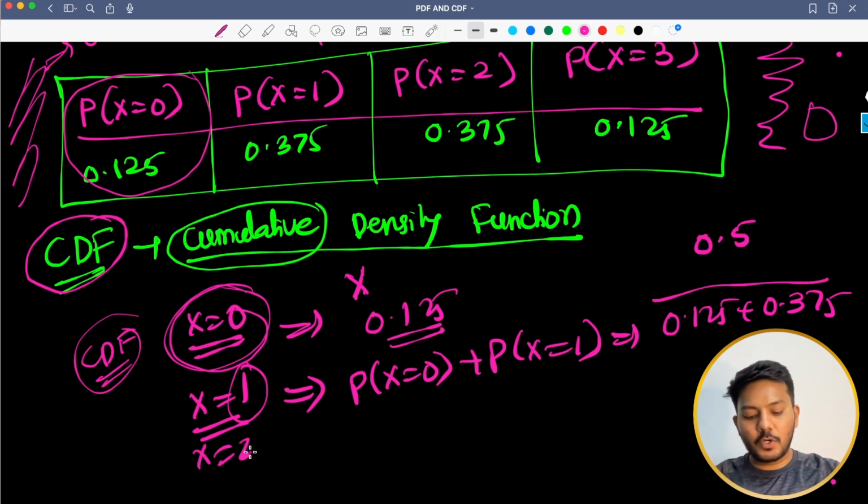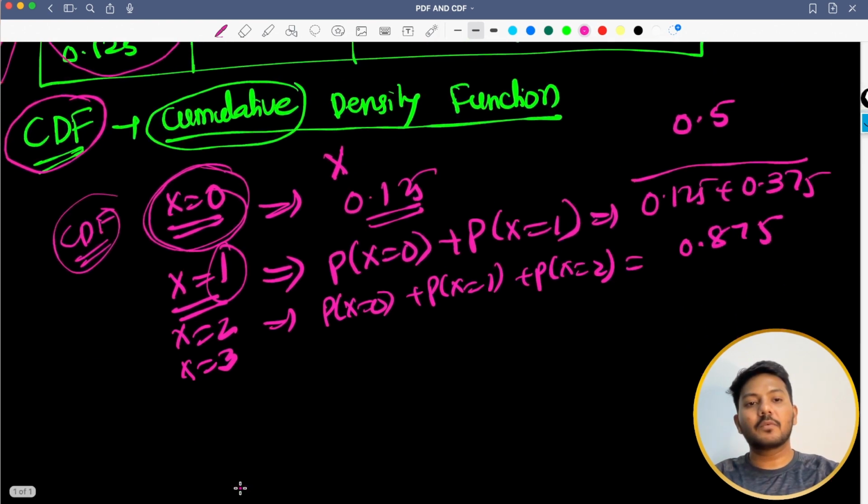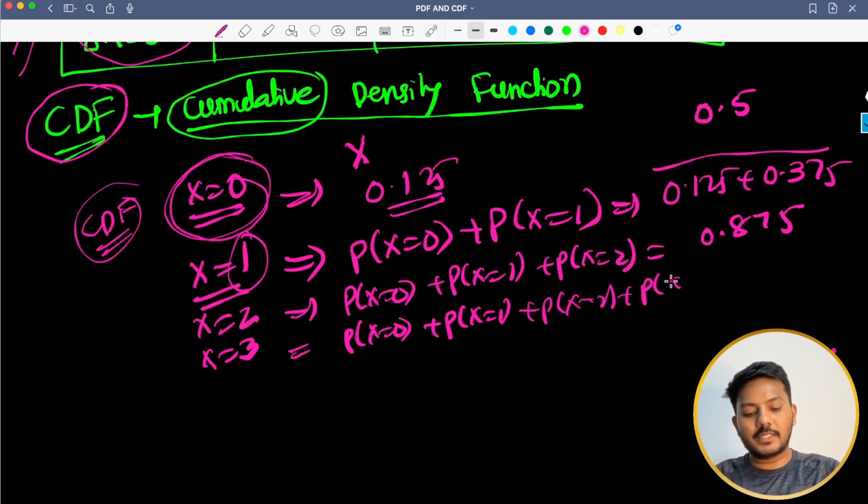For x equal to 2, I would have to calculate P(x=0) plus P(x=1) plus P(x=2). It would be 0.5 plus 0.375, which is 0.875. And then for x equal to 3, I would do P(x=0) plus P(x=1) plus P(x=2) plus P(x=3). It would be 1.